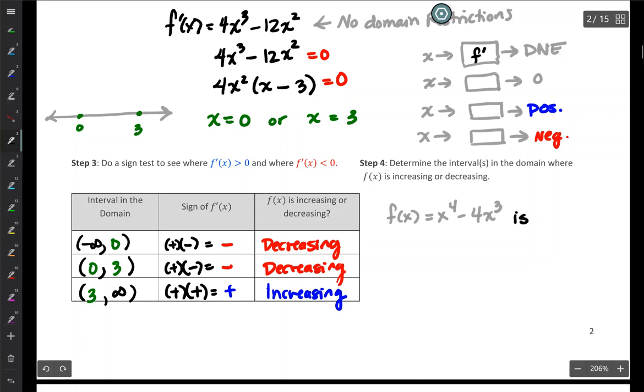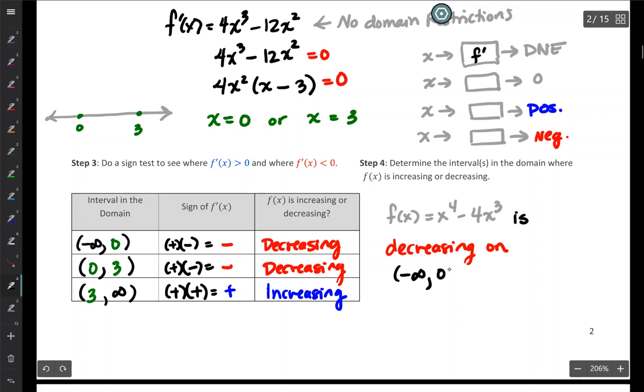Is decreasing on what intervals? Minus infinity to 0 and 0 to 3.